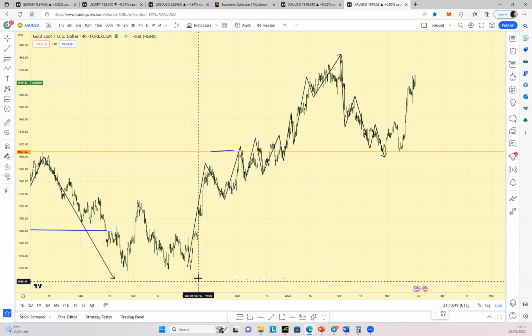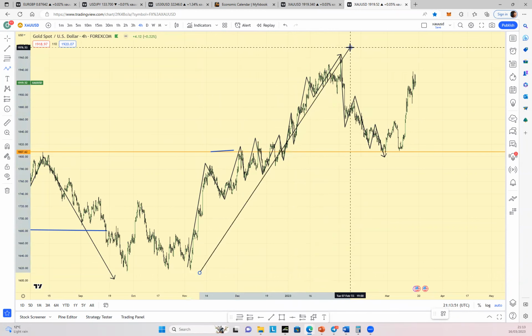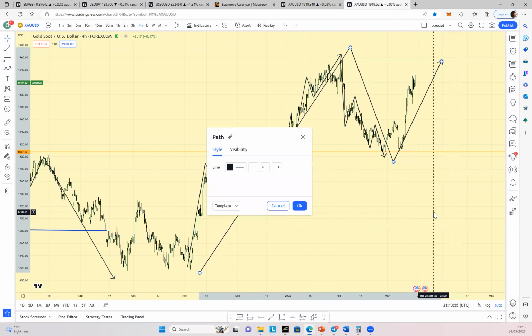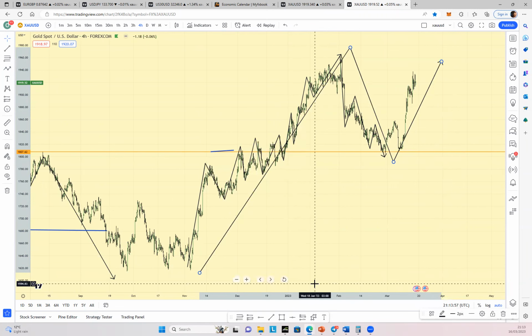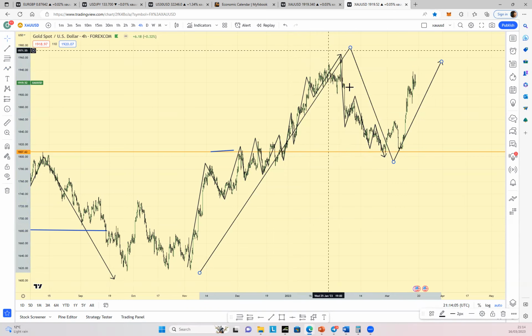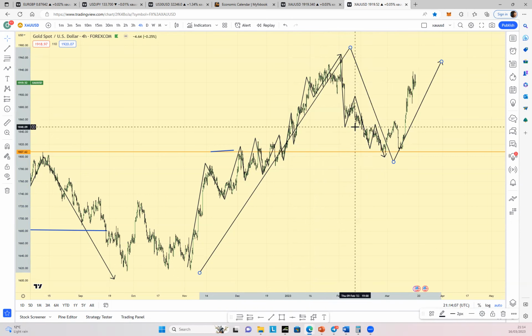Can you all see that? Price is overall bullish, even though there's a downward move afterwards. When you have downwards, it's usually your retracement or your correction.